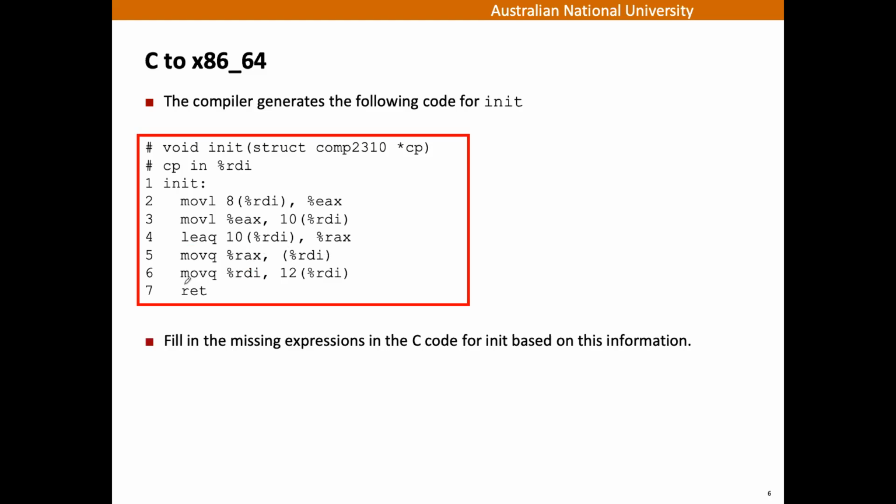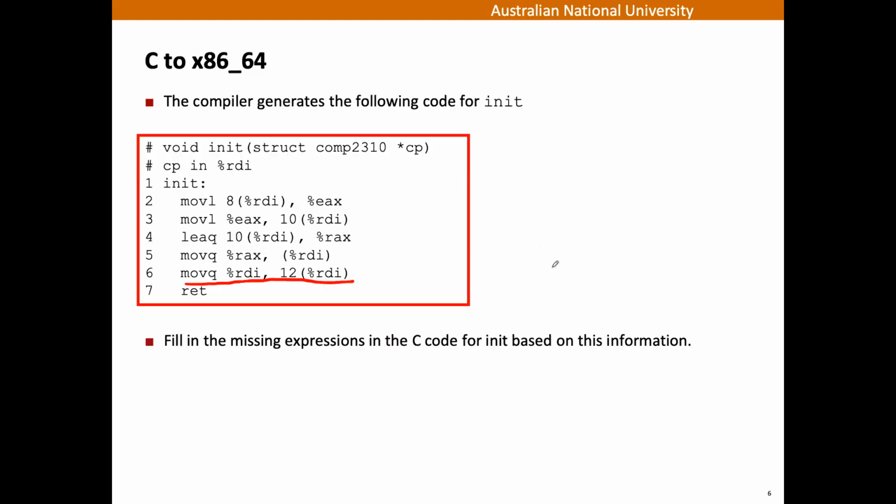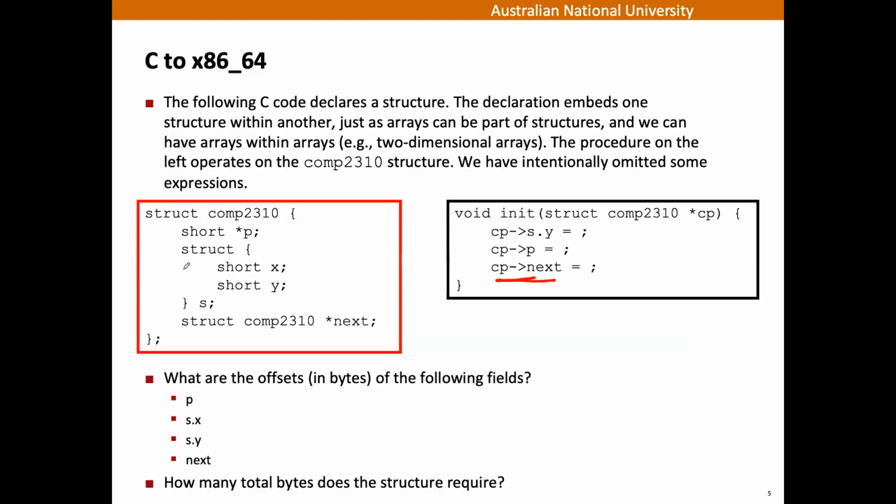What is this doing? What is at 12 RDI? Yeah, 12 RDI has next. So it's storing in CP->next. What is it storing? What is in RDI? Sorry, not P. CP.